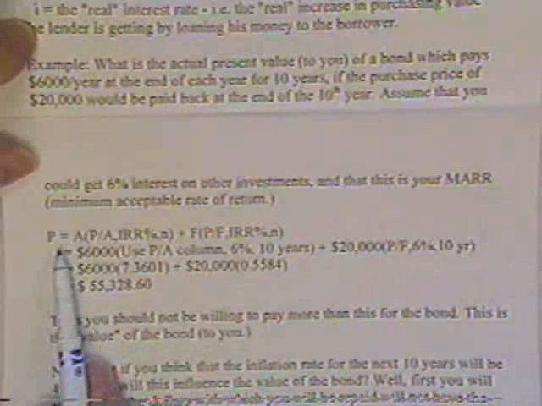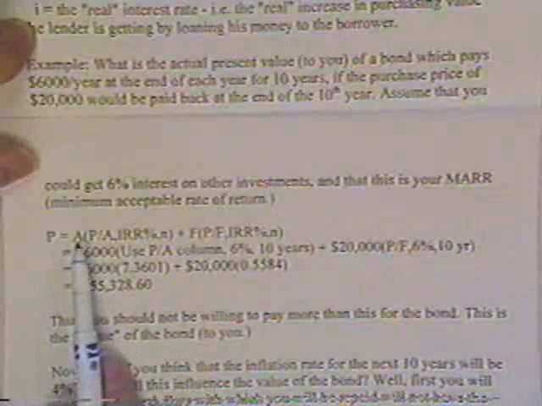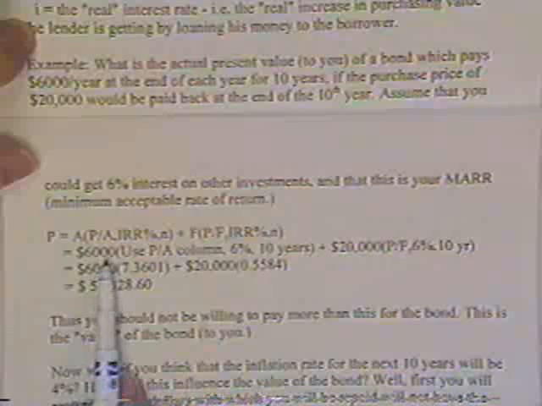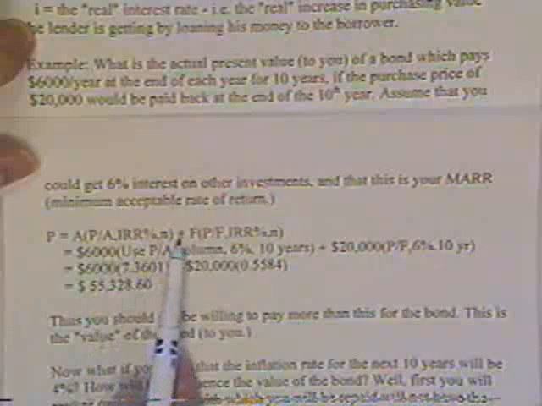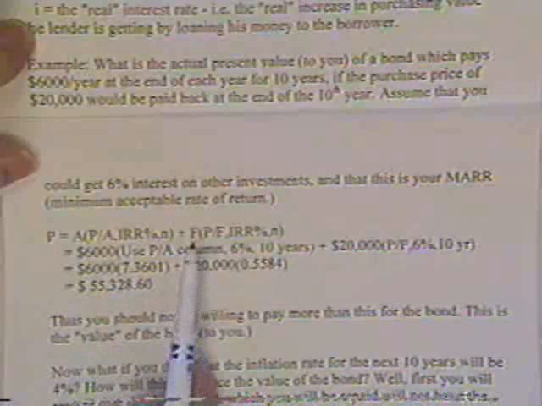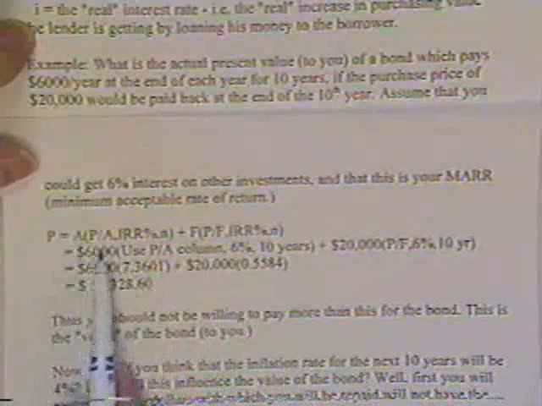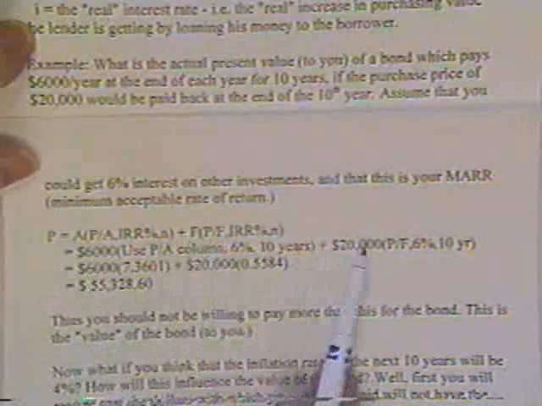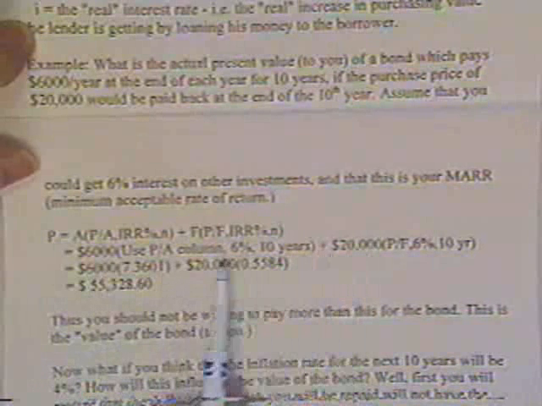All right, here's the present value of such a bond. First, it has a value because it has an annual payout to me of $6,000 each year. Plus, it has a value to me because I'll get some money at the end of 10 years. The amount of money it gives me each year is 6. The amount of money it gives me at the end of 10 is 20.